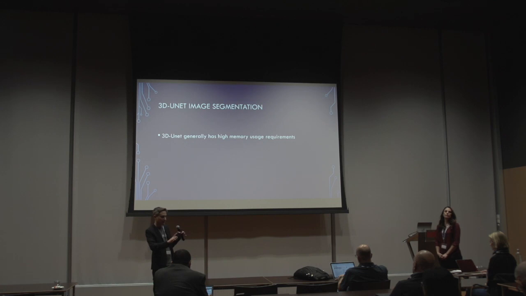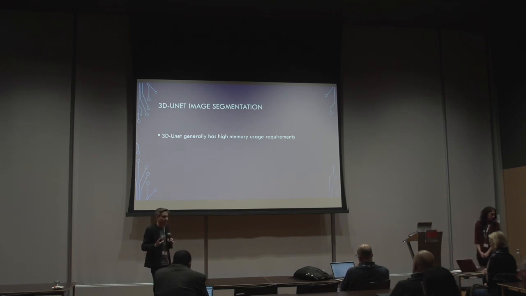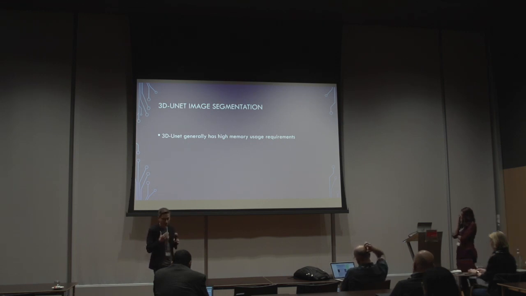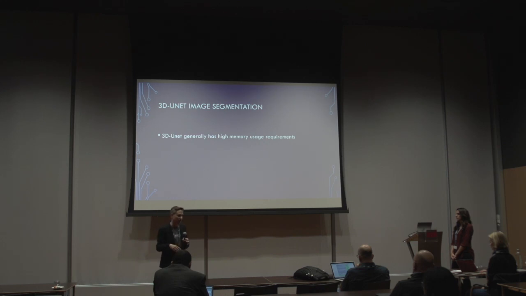If you think about a 2D image versus a 3D image, there's much more data there already, especially before you're even talking about resolutions. And with the interconnected aspects, you have to keep a lot of the data around a lot longer as well. So it's really hard to get these models to train higher than a batch size of 1 if you have any data that's not just shrunken down to unusable. So it's a really good use case for our TFLMS to see what we can do here.